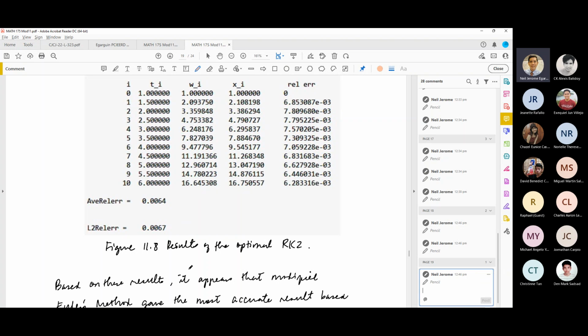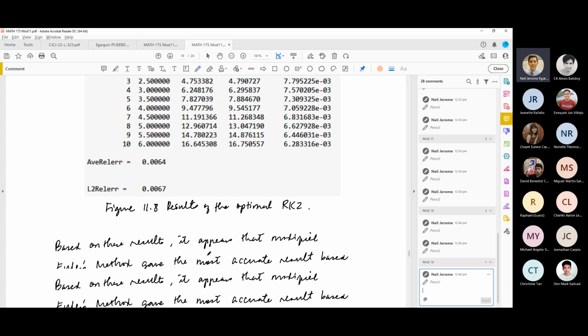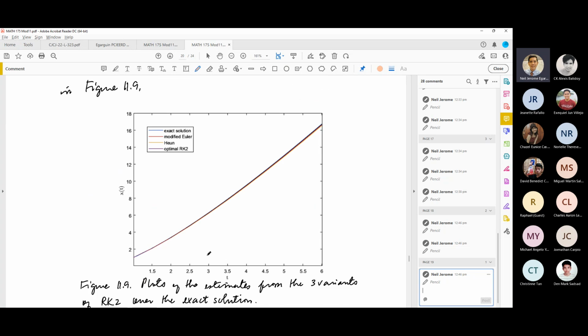Kasi itong tatlong methods na to ay pare-parehas of order big O of h squared, yung promise na local truncation error. The GDE, the global discretization error, ay hindi tayo sure. Okay? Kasi hindi ko na siya isasama yung analysis ng GDE kasi marami na namang preliminary results na kailangan. Okay? But makikita nyo naman sila ay halos pare-parehas.